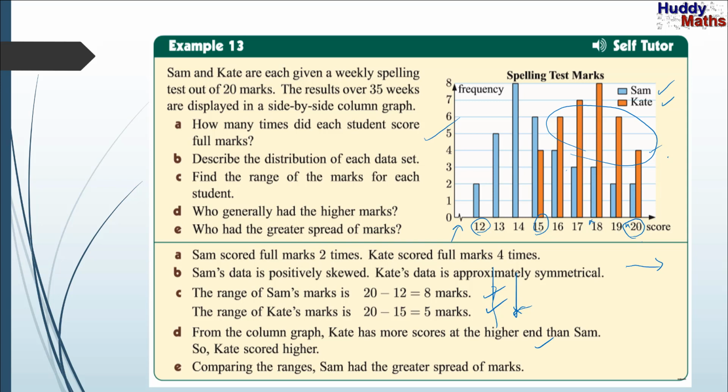Comparing the ranges, it looks like Sam had the greatest spread of marks, and so he's not as consistent in his spelling, is he? He can range or vary over a greater number of correct than what Kate has. Okay, so thinking about those interpretations of the statistics that we are using here to compare data sets.